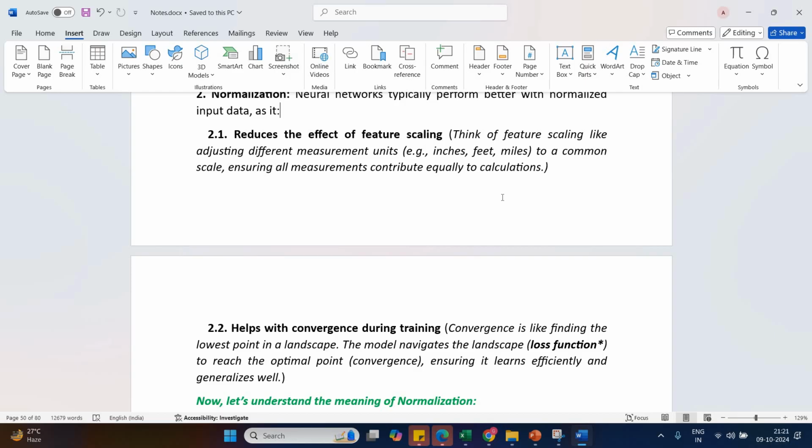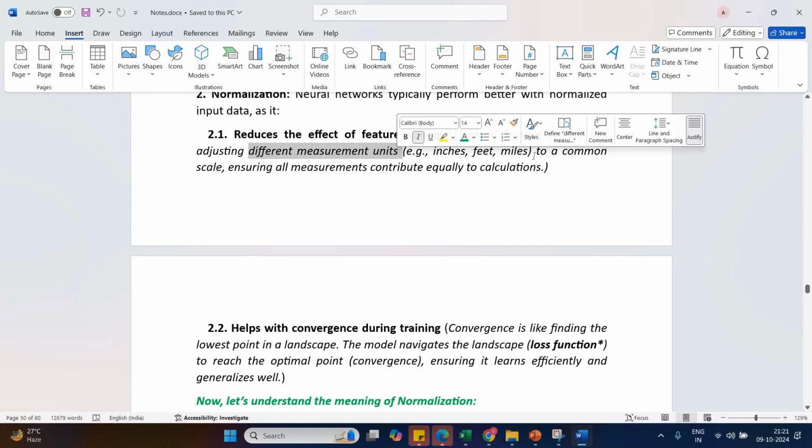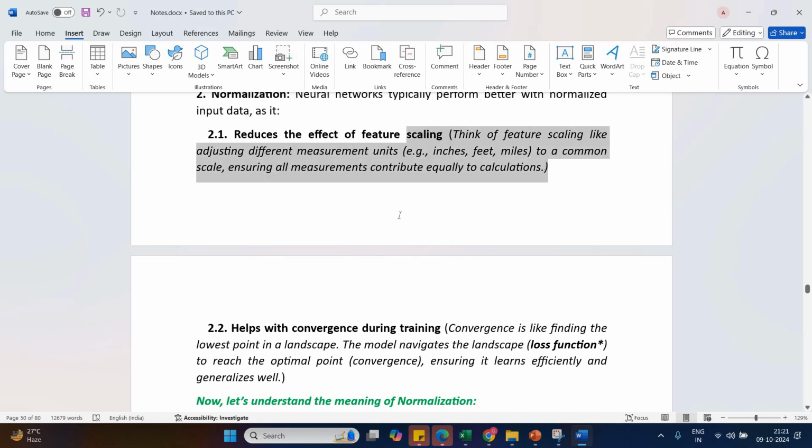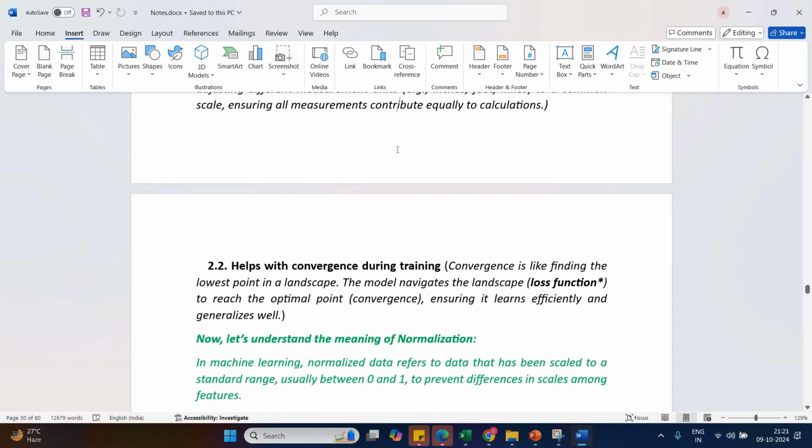That is why we have to do feature scaling, which means you adjust different measurement units like inches, feet, miles, the same thing like age and salary, both having different ranges of values, to a common scale, ensuring all measurements contribute equally to the calculation. I hope you are understanding how it reduces the effect of feature scaling.